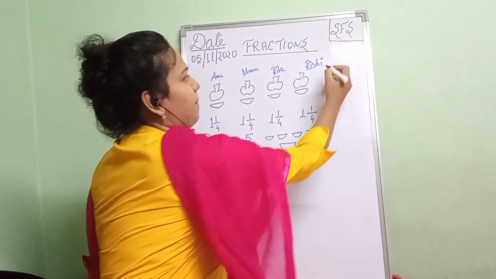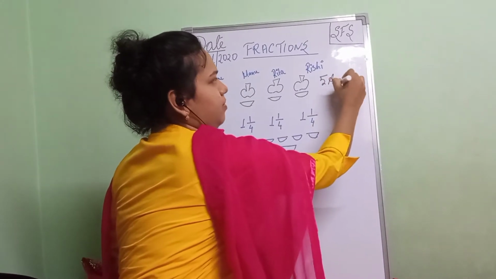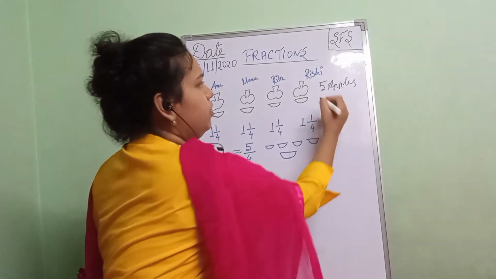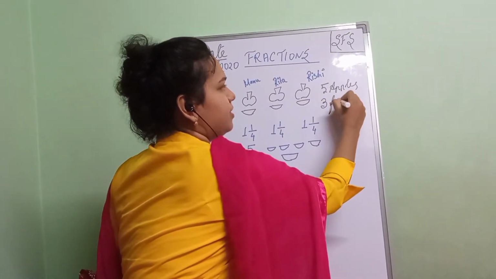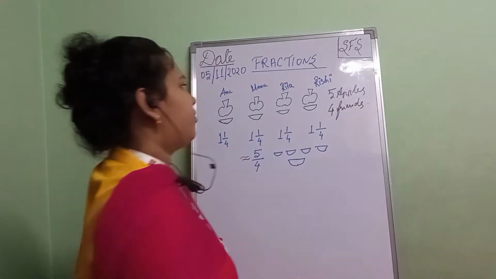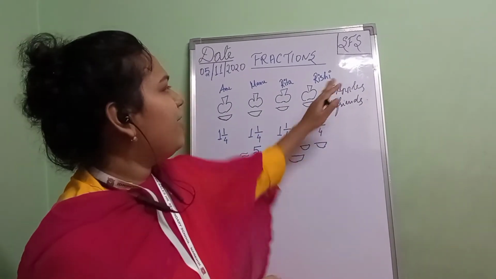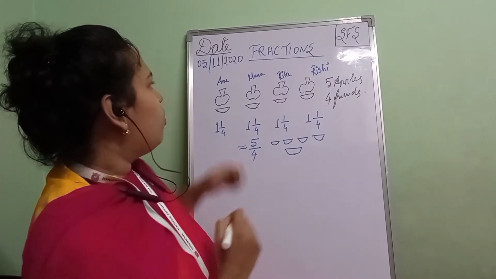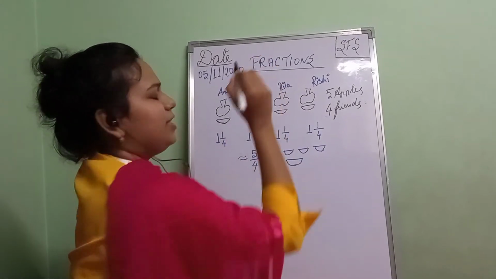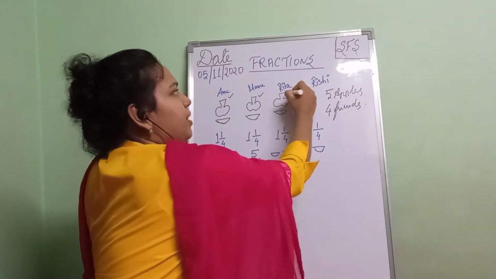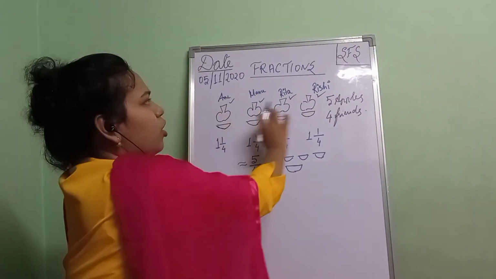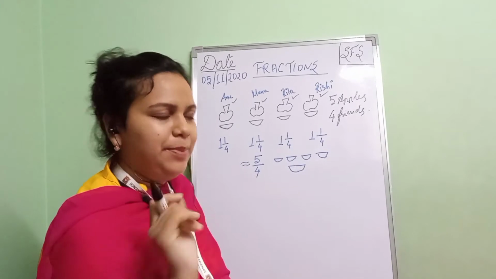Since there were 5 apples, and they had to divide the 5 apples among 4 friends. So how can they divide 5 apples among 4 friends? 1 apple was eaten by Anu. 1 apple was eaten by Manu. 1 apple was eaten by Rita. 1 apple was eaten by Rishi. They all got 1 whole apple, okay?